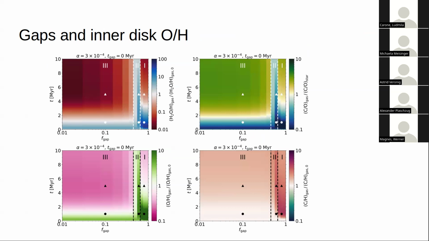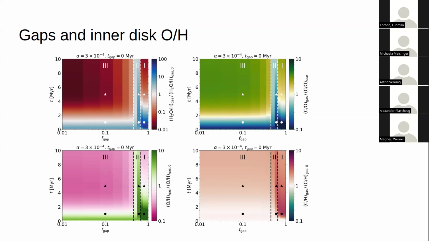So in the x-axis, they consider that they have a disk around the star. They have a gap in the disk, and that gap has different strengths of how much they can block the dust from moving inwards. So the third regime, which is this big portion of the image, is the disk where the gap is very strong, so it does not let any of the dust move inwards.